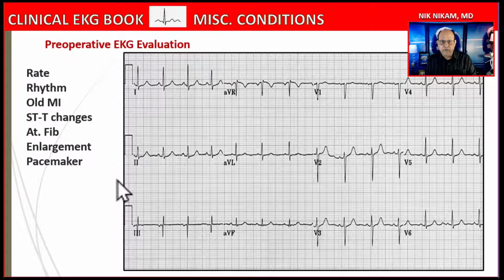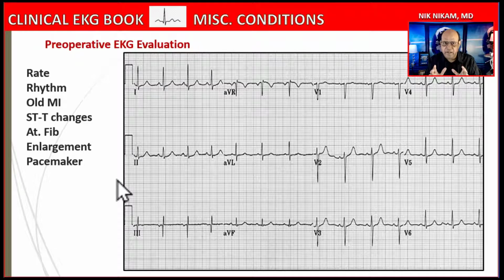And atrial fibrillation, if these patients are in atrial fibrillation or if they have coronary stents, they may be on blood thinners. I know when you're reading an EKG, you're not concerned about it, but I'm trying to look at it as a holistic doctor, a cardiologist, because those drugs have to be tapered off or held for several days before they can go for a major intra-abdominal surgery or vascular surgery, things like that.